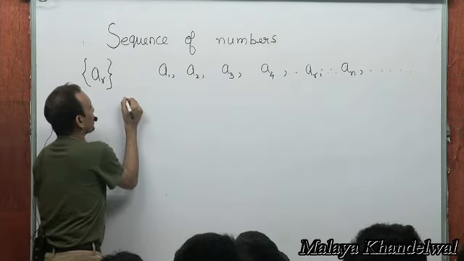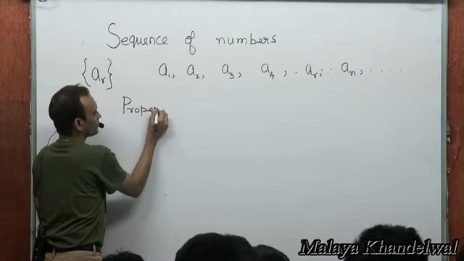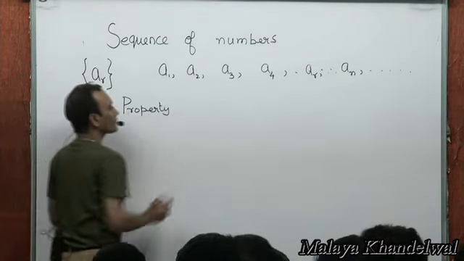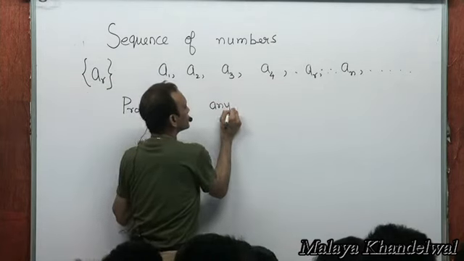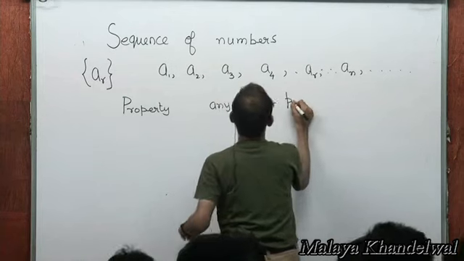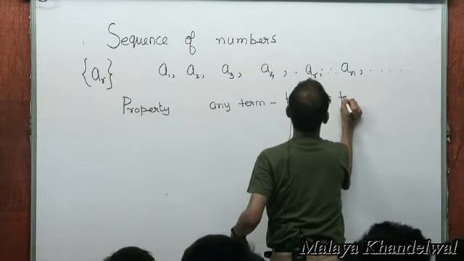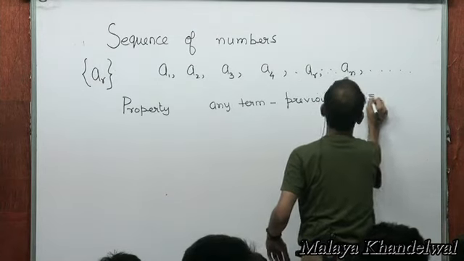Now, suppose this collection of numbers has a property: any term minus the previous term is a constant.